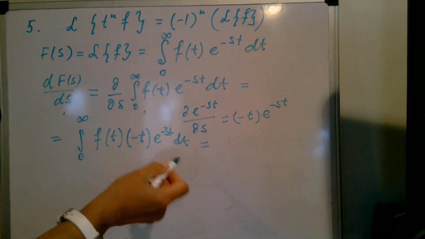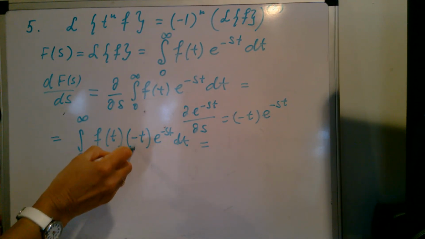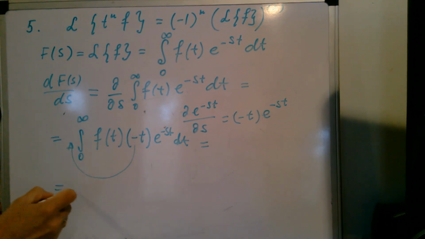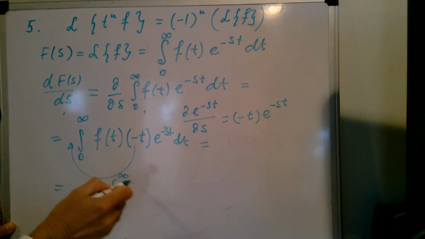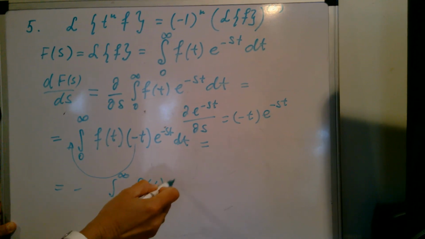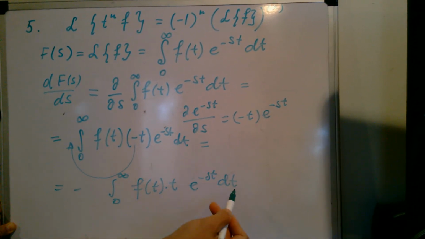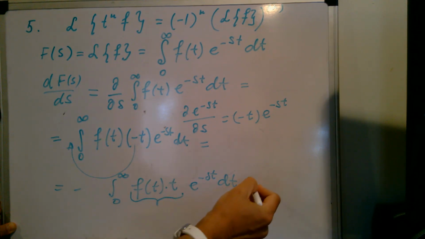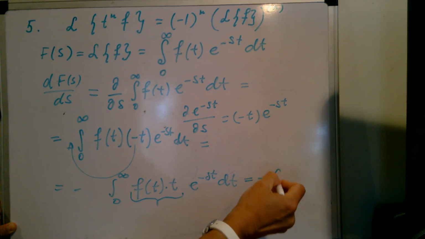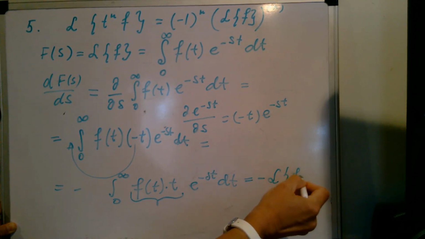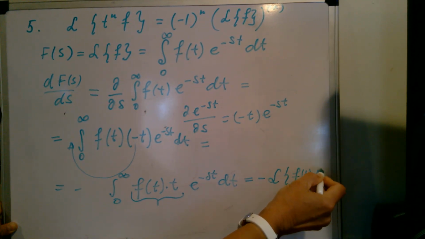Now, if you look at this expression and put the minus in front, you're going to have minus the integral from 0 to infinity of f of t multiplied by t e to the power of negative st dt. Well, this is the Laplace transform of my new function f of t multiplied by t. So that's minus the Laplace transform of f of t multiplied by t.